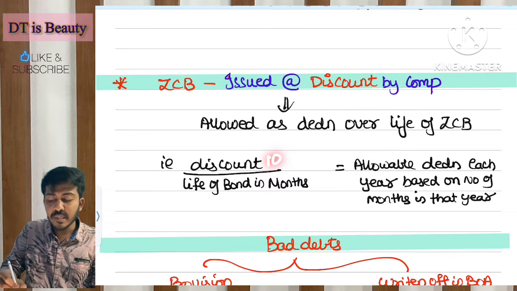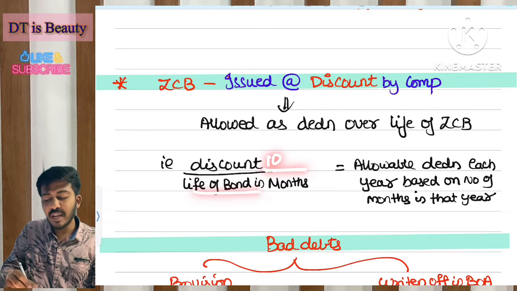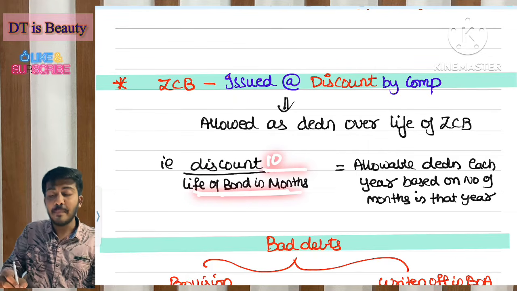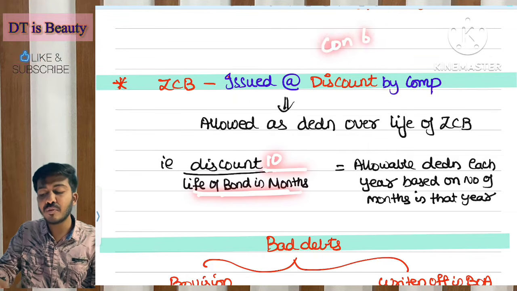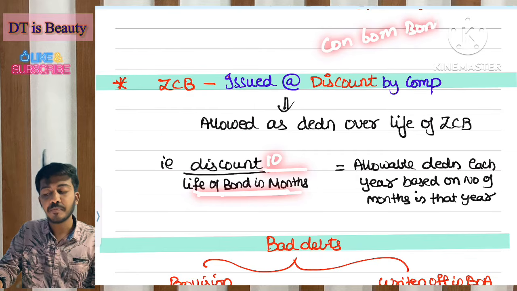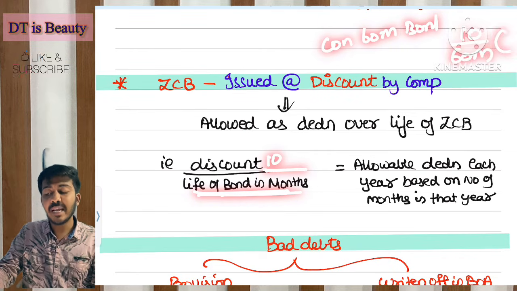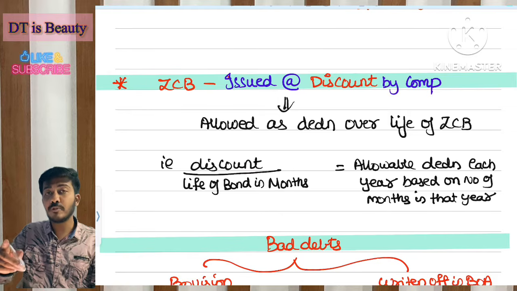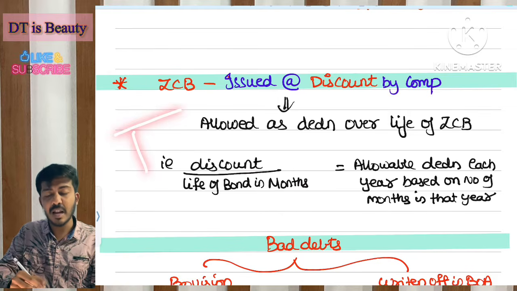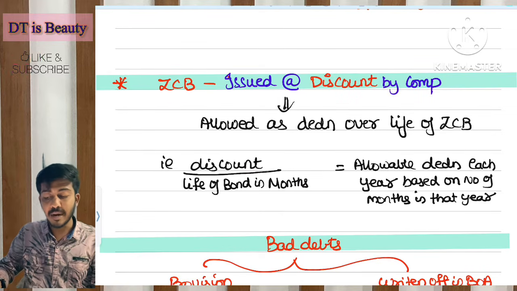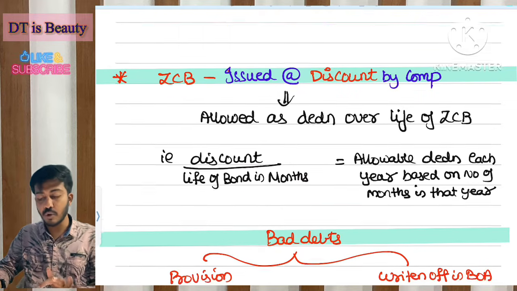The 10 rupees should be divided equally over the life of the bonds. For example, say the company issued 60 months bonds, then it should be 10 rupees divided by 60 months. Each month however much it comes, only to that extent it should be taken in P&L. The balance excess should be added back to the net profit. This is zero coupon bonds.